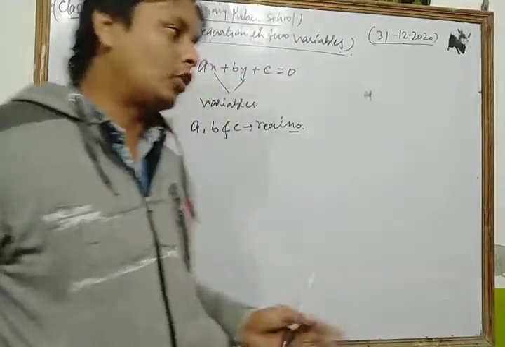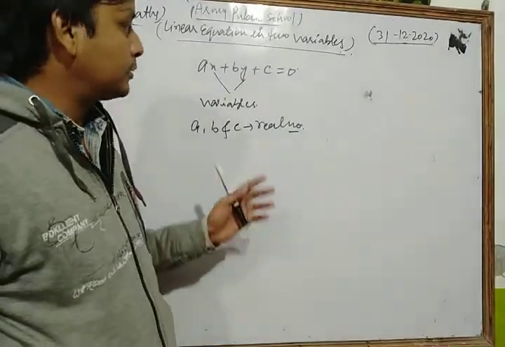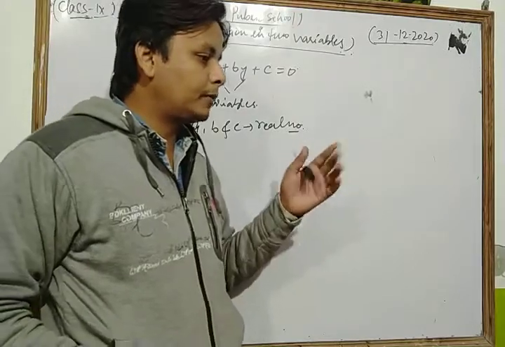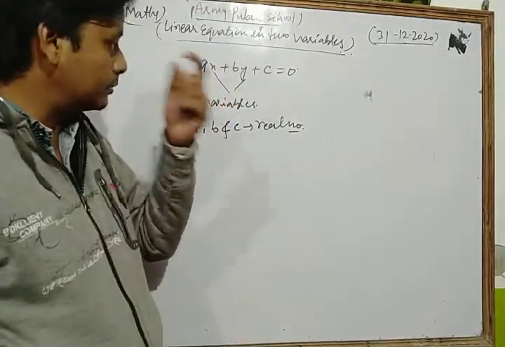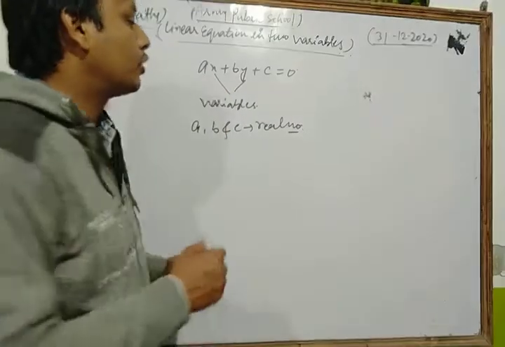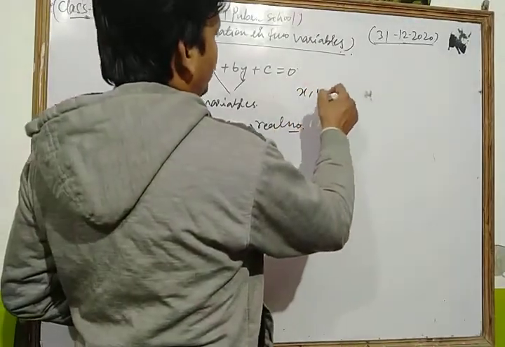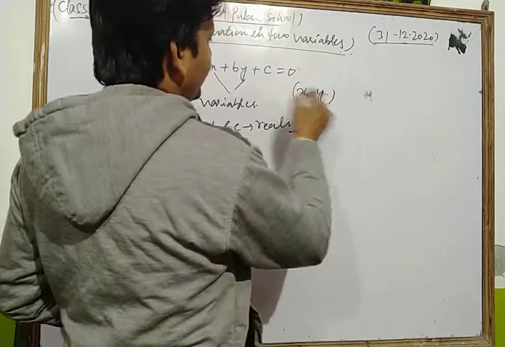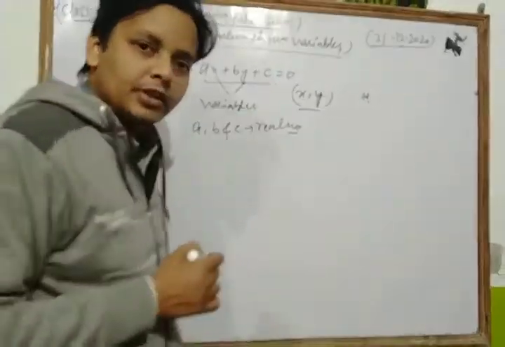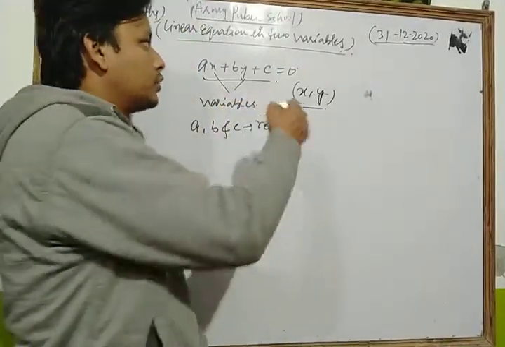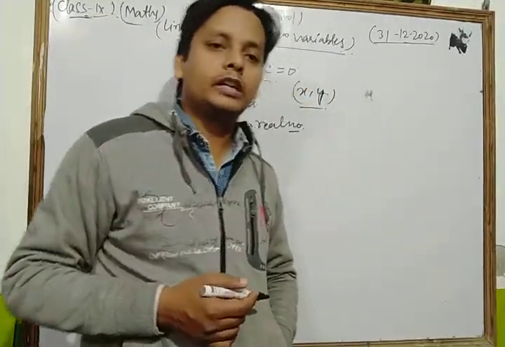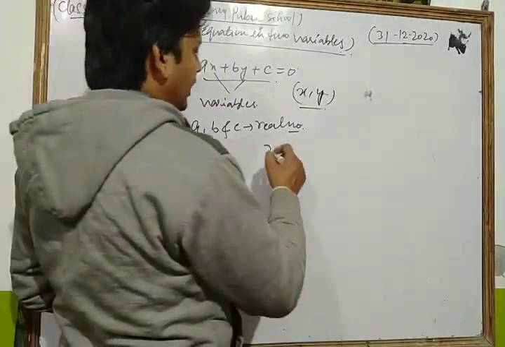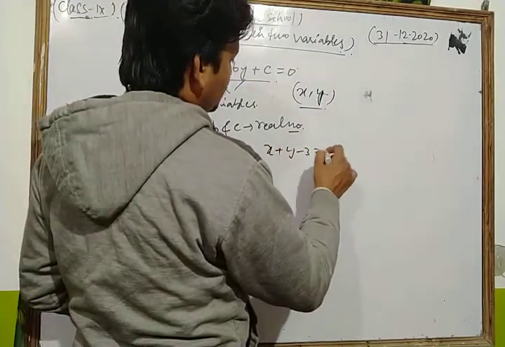In that topic we discussed the concept of the solution of a linear equation. The pair of values of x and y which satisfy the given linear equation in two variables is called the solution of the linear equation. Suppose we have the equation x plus y minus 3 is equal to 0.